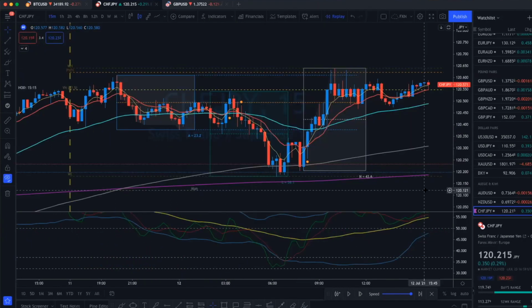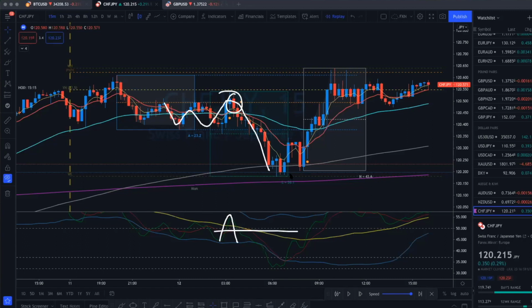Right, so you get a type 3 in London, and then that leads you to a reversal of a type 1 multi-session reversal in the New York session, basically. So you get a type 3 here, railroad track with a pullback, and then you can see this is hooking right at the 50, and then you literally get a multi-session W. Notice obviously this is all the way down here.